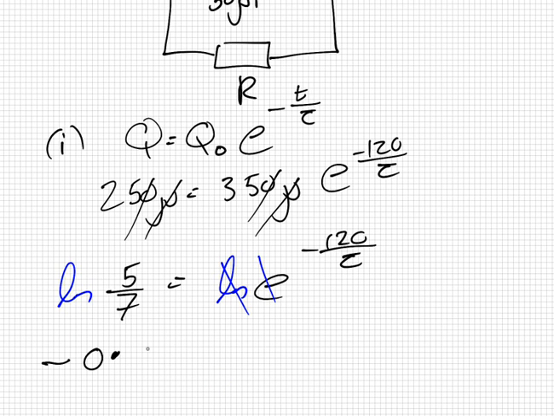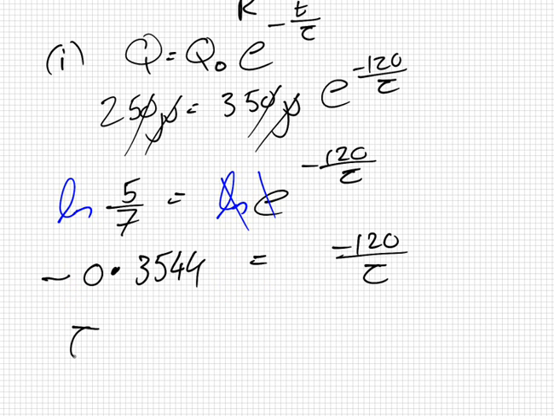Now I don't think that's what they want though. They want the total energy. Ah, well, this is easy now. Energy is a half CV squared, which is a half times 60 over 31 times 10 to the minus 6, and the voltage is 10 squared.